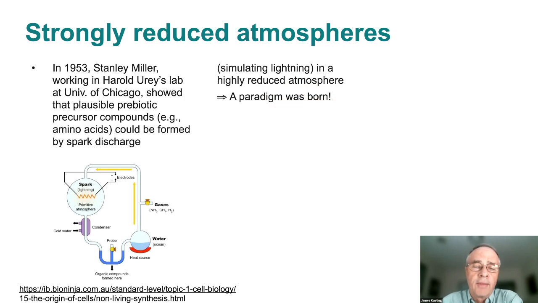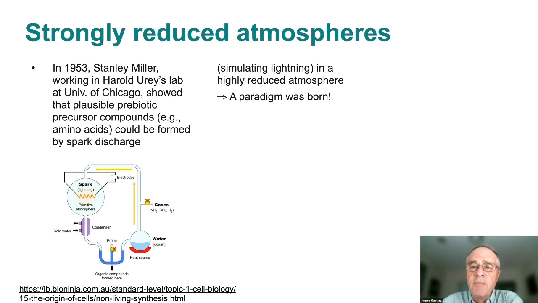In fact, the thing that really made it catch on was a series of experiments carried out 20 years later by Stanley Miller, working in Harold Urey's lab at the University of Chicago.